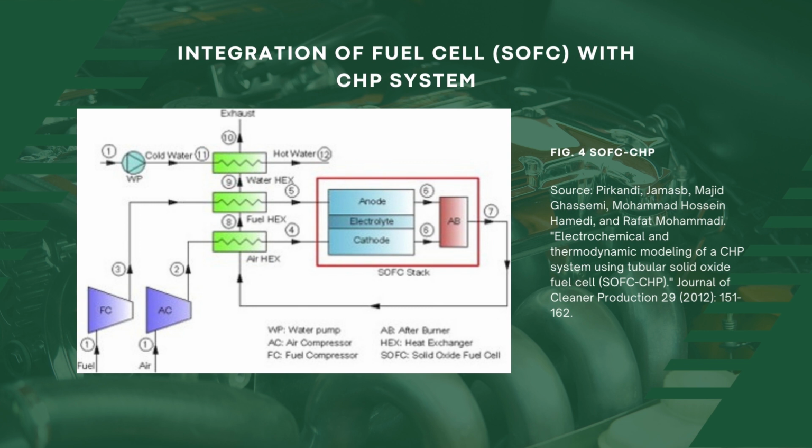In summer, this generated heat can be used in a warm water absorption chiller to provide the cooling load and the sanitary warm water for the building. The electricity produced from the fuel cell can be utilized as the electrical load that the building needs.